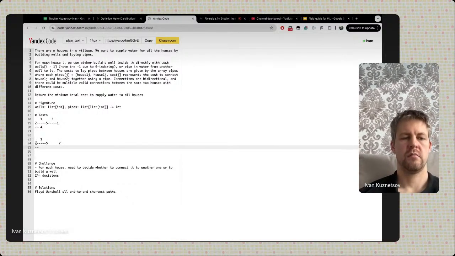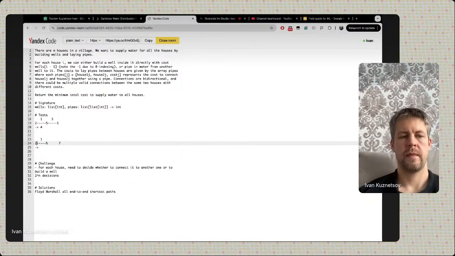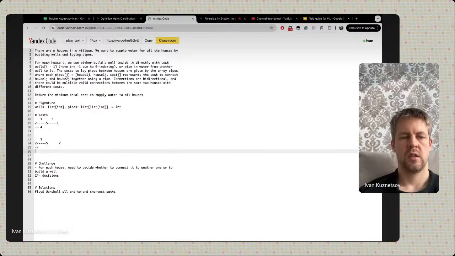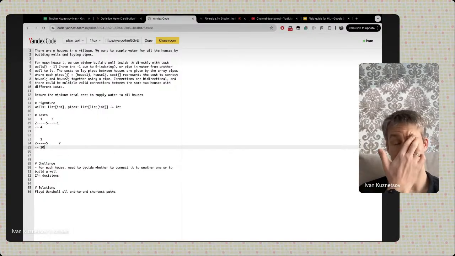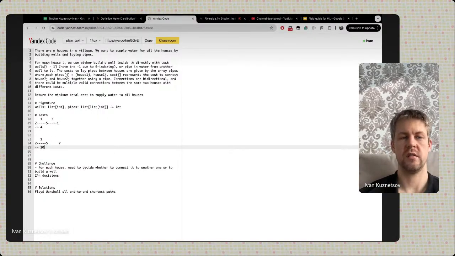Here we'll pay the same 3, but here we'll pay 7, just because I wanted to highlight that not necessarily our graph is connected.